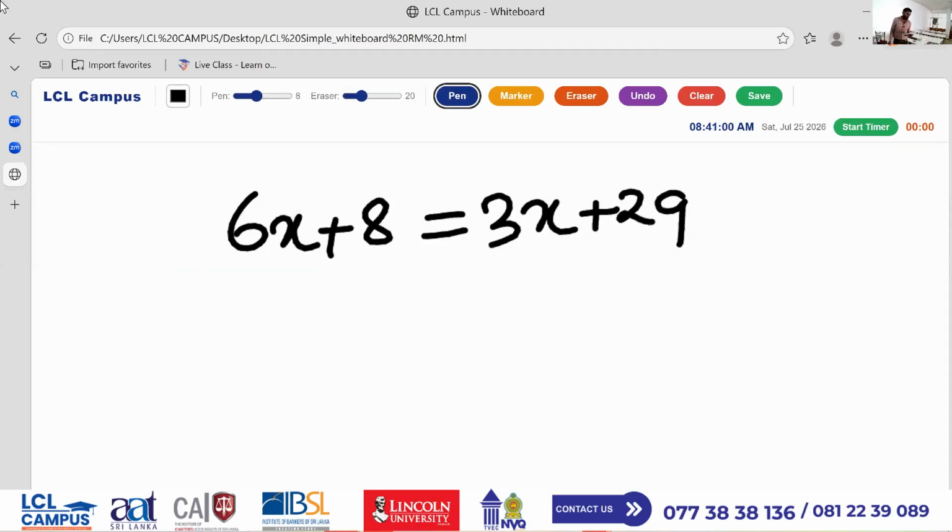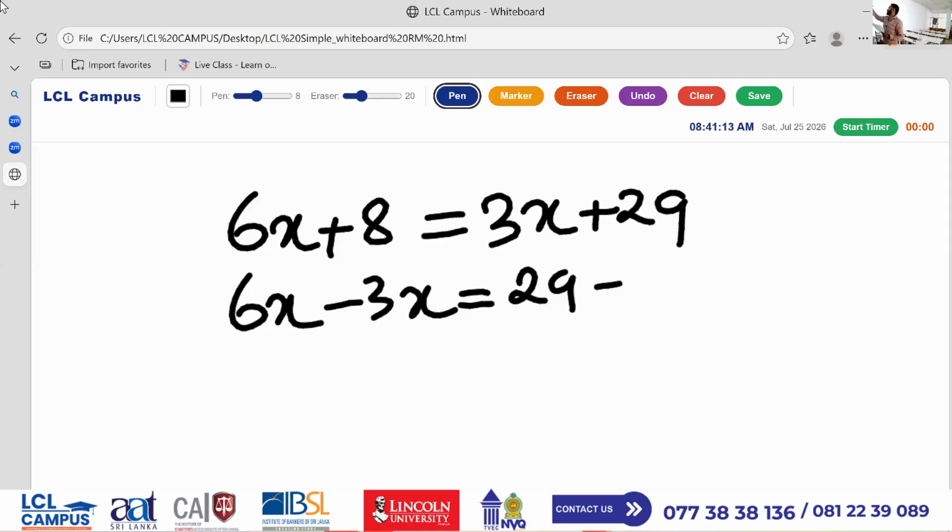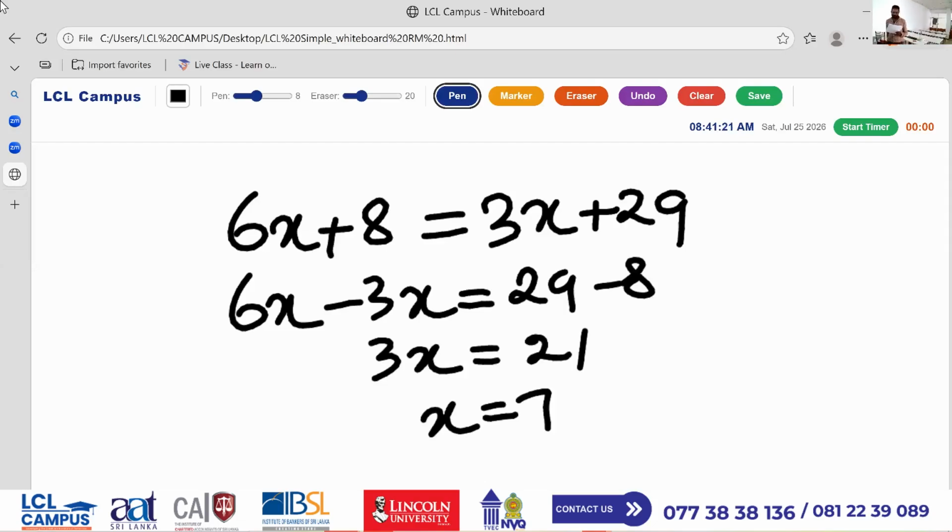How to solve here? All the unknown terms we want to take to one side, constants to the other side. Then take this 3x to this side. When that 3x comes here, it will be minus. Then 29, when 8 goes there, then 3x equals 21. X equals 7.